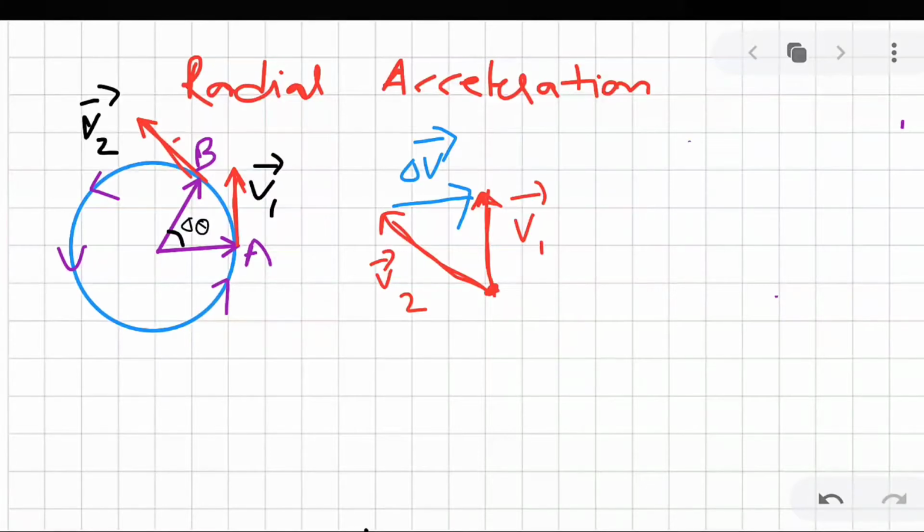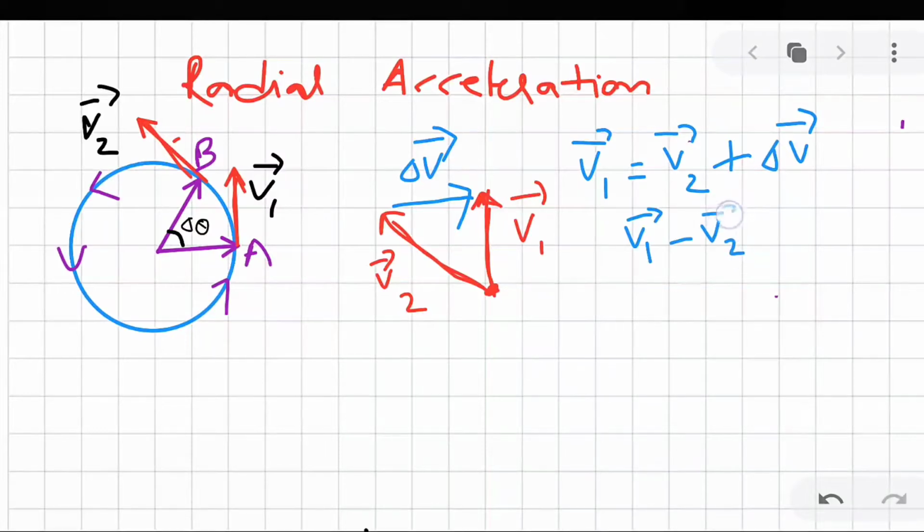Using the triangle of vector addition, v2 and delta v are in the same sense of rotation, while v1 is in the opposite sense. So v1 is the resultant of v2 and delta v. That means v1 minus v2 is equal to delta v.